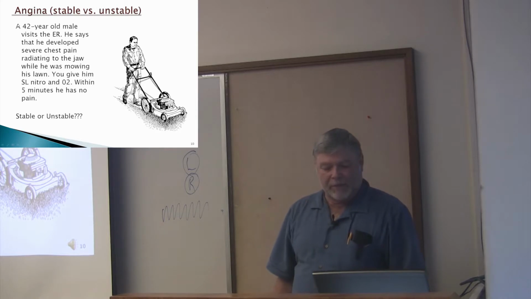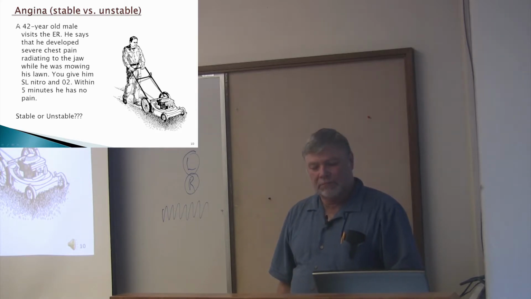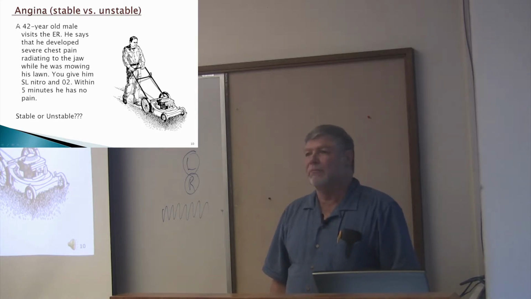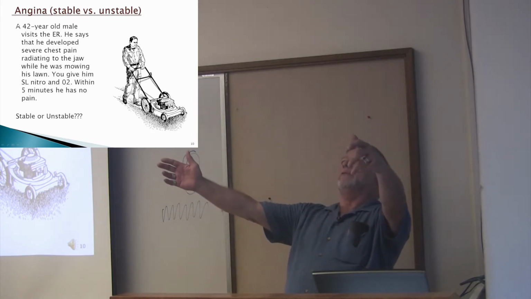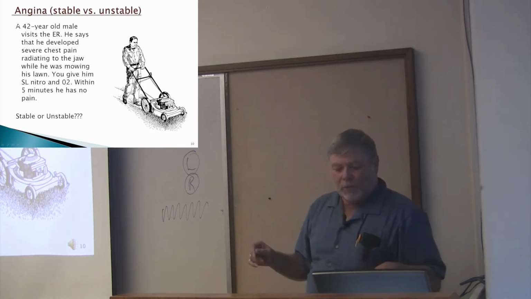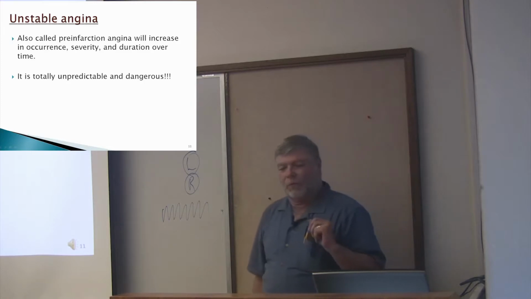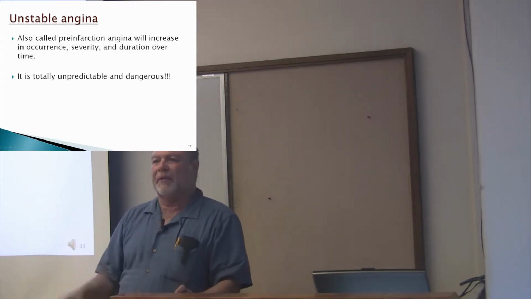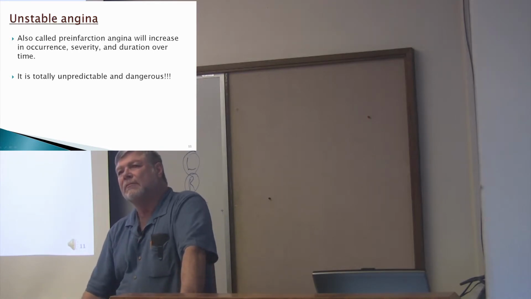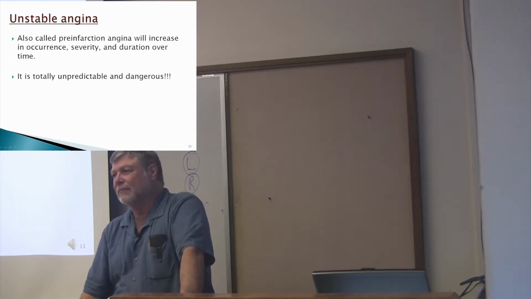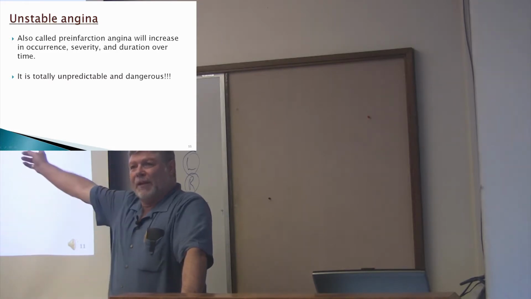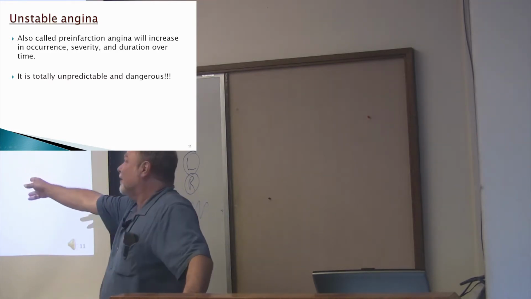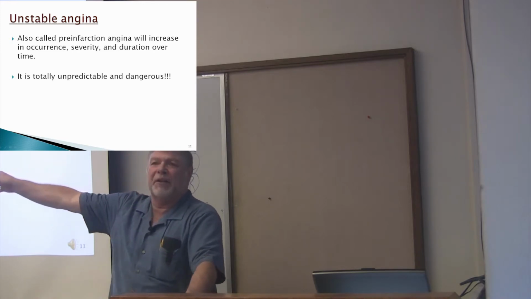What would make it unstable? Not doing anything. He's in a recliner. So what's the difference? What's going on with unstable that's not happening with stable? We know that it's different and it's actually pretty dangerous and unpredictable.